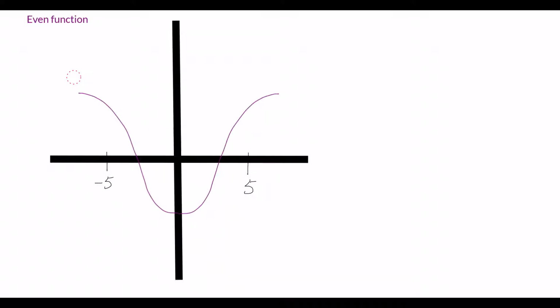And then if you trace to the graph, this is the point on the graph, and then if we trace from here, this is the corresponding point on the graph where x equals -5. When we draw these two together, it should be a horizontal line, okay? It means these two points have the same y coordinates, okay?